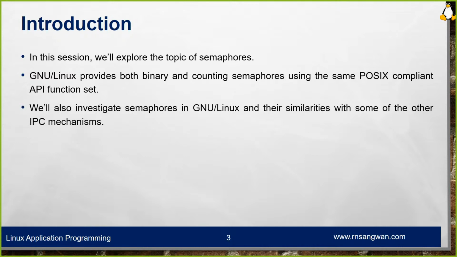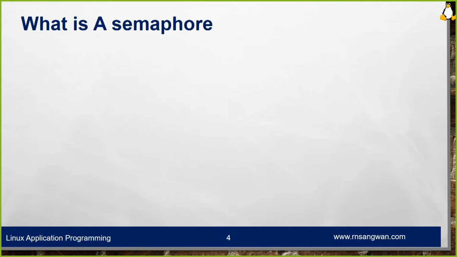The topic is more or less similar to what we have already learned, because the API calls, the syntax, prototypes, you will find similarity. We will also investigate semaphores in GNU/Linux and their similarities with some other IPC mechanisms.